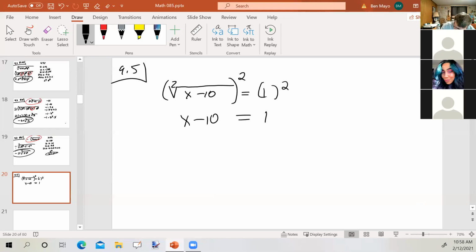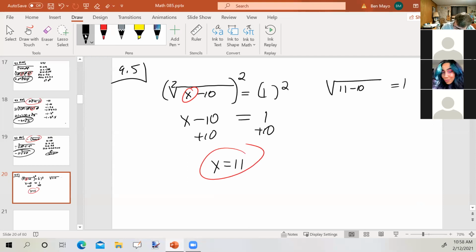All right, so now I'll add 10 to both sides, x equals 11. I'm going to check my work, so I'm going to put that right there. And I'm going to take the square root of 11 minus 10 equals 1. The square root of 1 equals 1. 1 equals 1, and it checks. So we're good to go on that. Any questions?